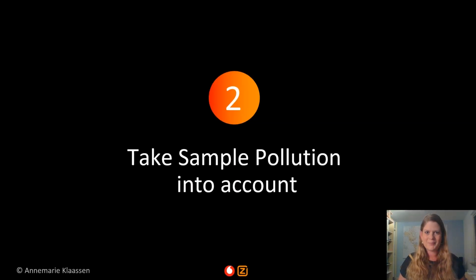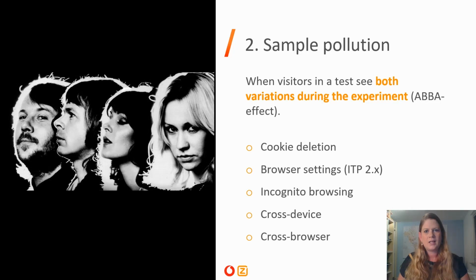The second tip that I want to give you is to take sample pollution into account when designing an experiment. And sample pollution is what happens when visitors are seeing both variations during the experiment.